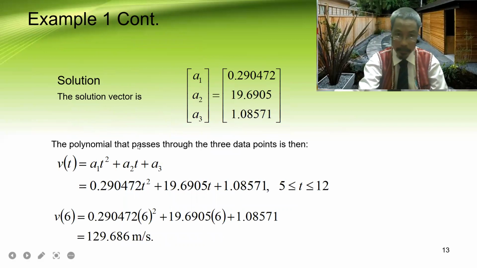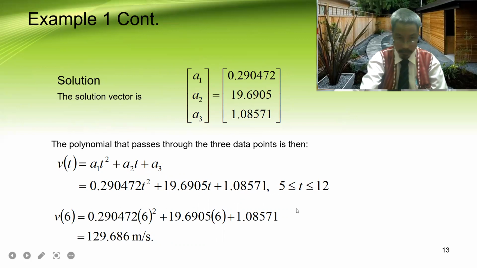The polynomial that passes through the 3 data points, we can now put up in our equation. So this is our quadratic equation, because the highest exponent is 2, t squared. We have now the proper coefficients for A1, A2, A3.